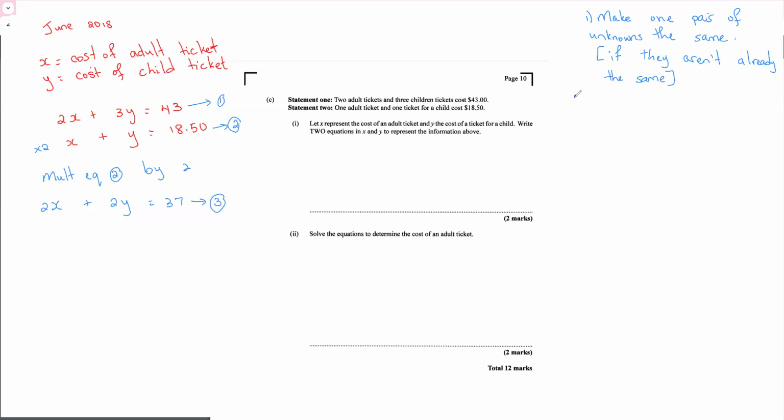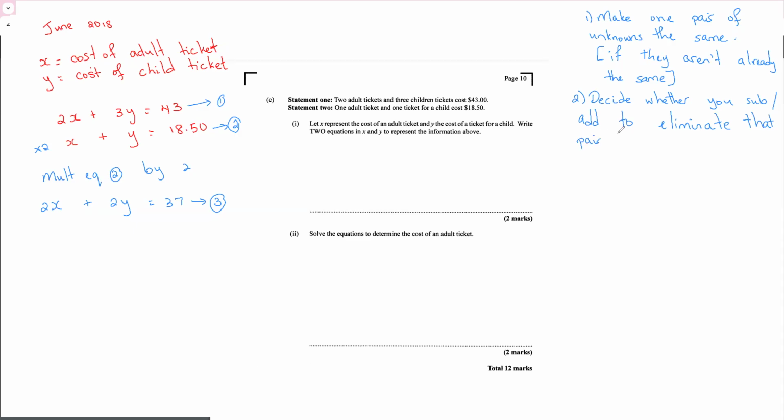Then decide whether you subtract or add to eliminate that pair of unknowns.